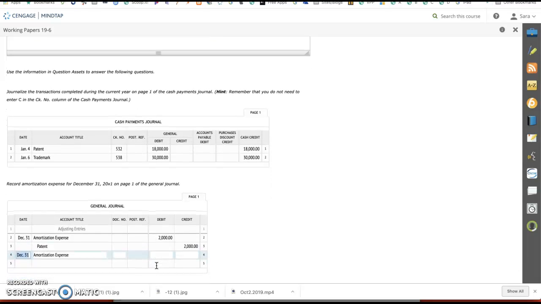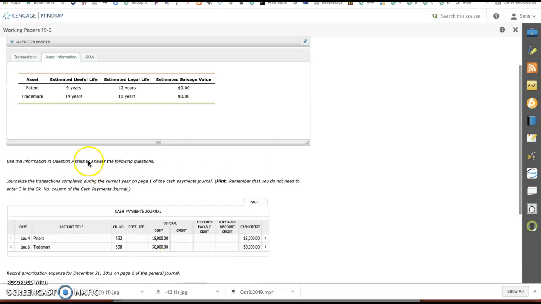Then our next line, December 31st, and then account title is amortization expense. And we'll go through the same process. So we'll come up here. Our cost for the trademark was $30,000. Salvage value is 0, so still 30,000. And then dividing it by the useful life, so divided by 14.